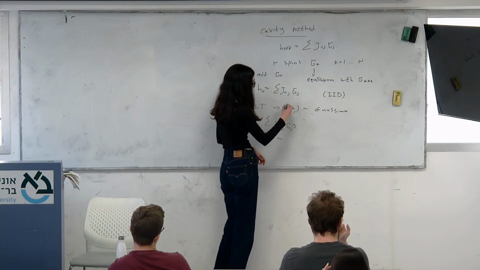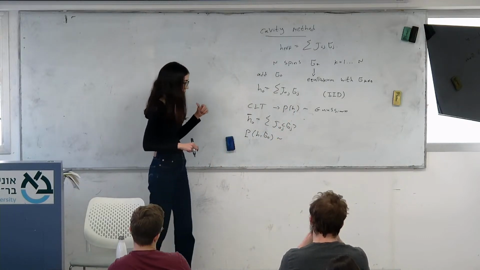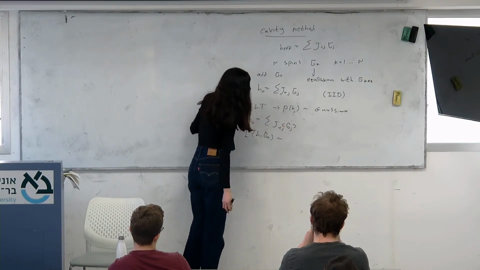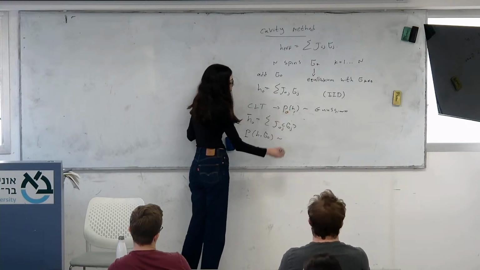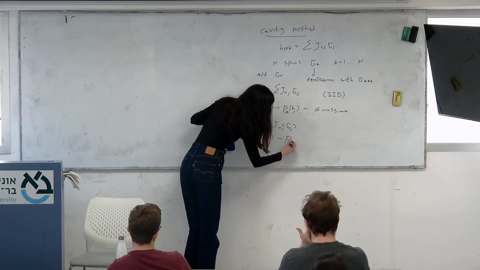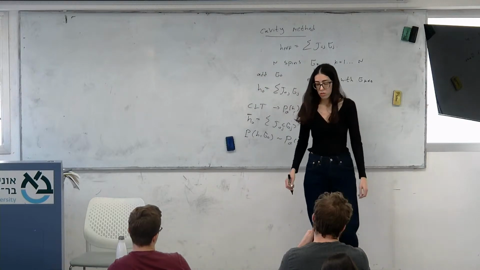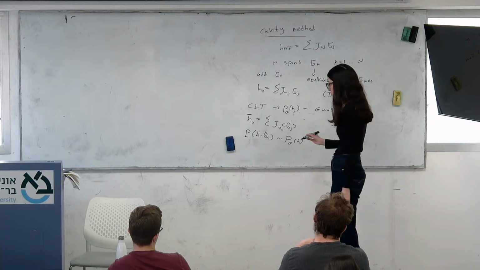So this is the field, just the value of the field. Let's call this P_G, so Gaussian, of H, and the probability distribution for the spin, which is just the Boltzmann weight.